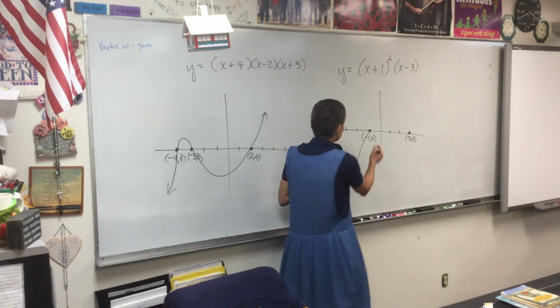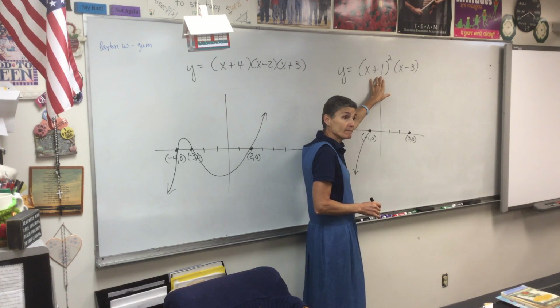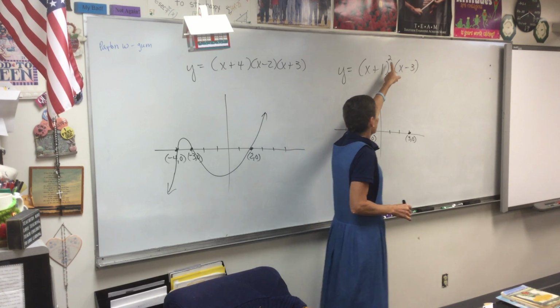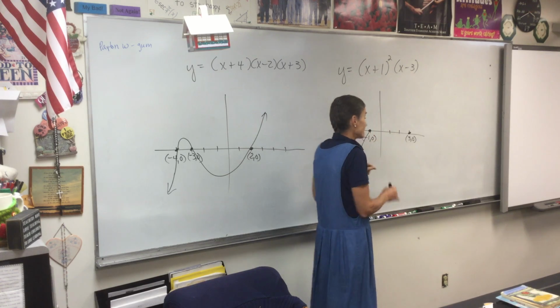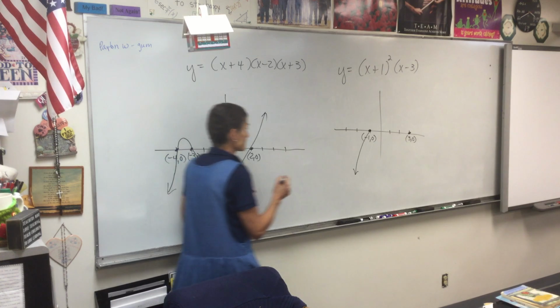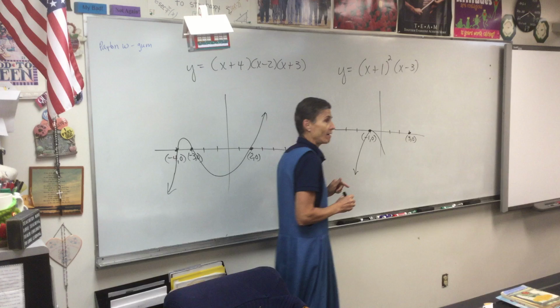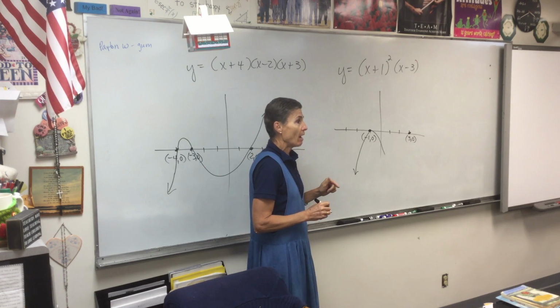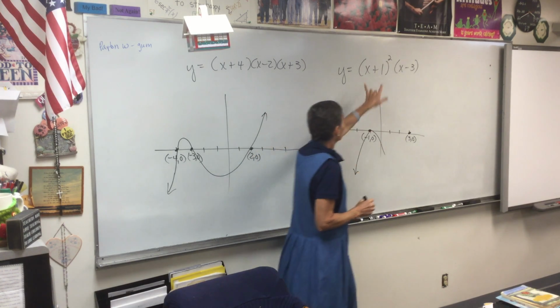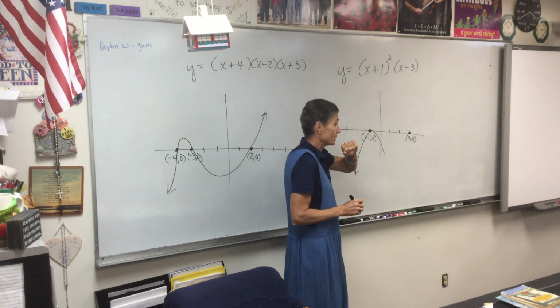However, this dot happened twice, right? It's a square. So instead of just zipping right through like it normally does, it acts like a parabola and it bounces off. It acts like a parabola because it's squared, and aren't squareds parabolas? Yeah.